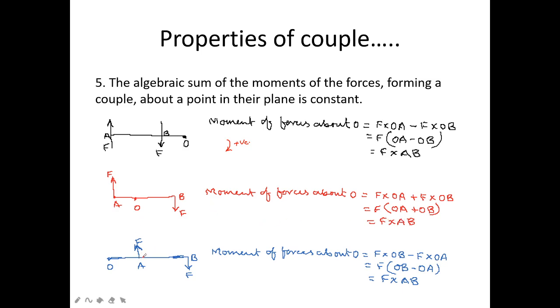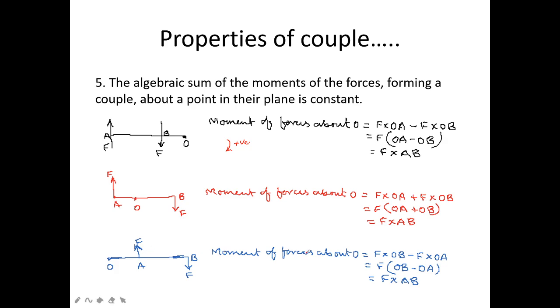Now, I'm taking the point O on the other side of the couple. So, moment of this force about point O is F into OA. Now here the sense of this moment of this force is anti-clockwise. That's why it is negative.